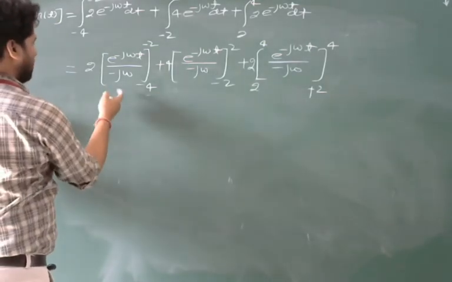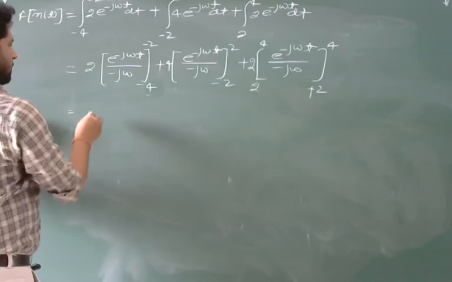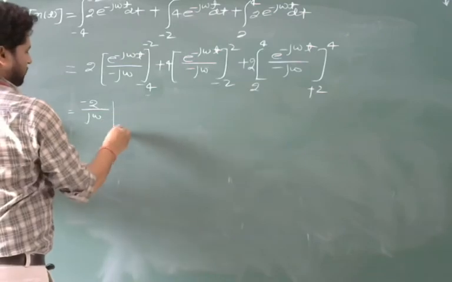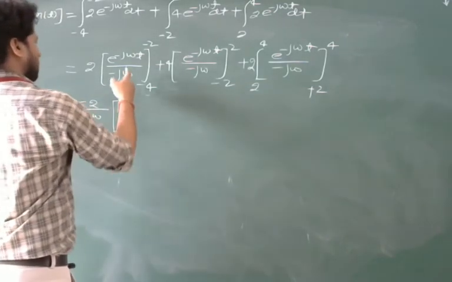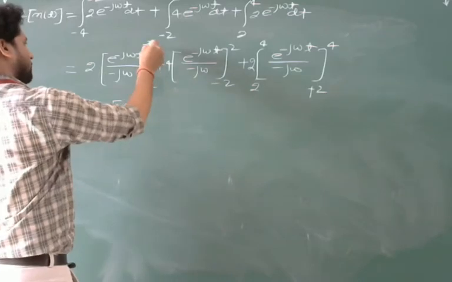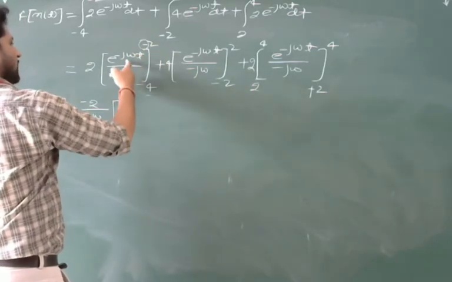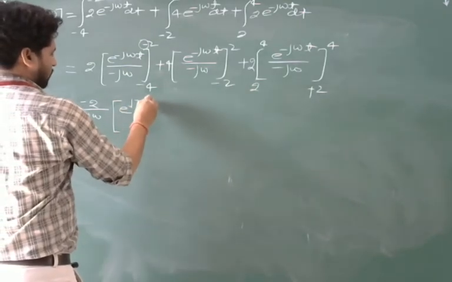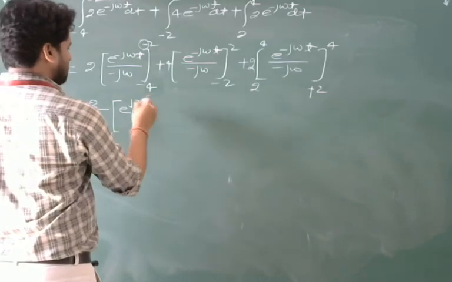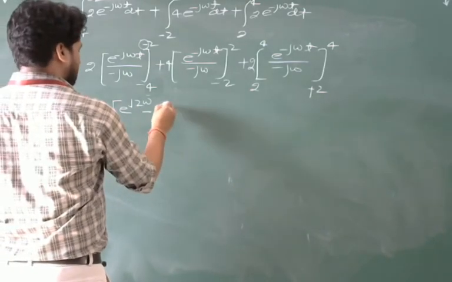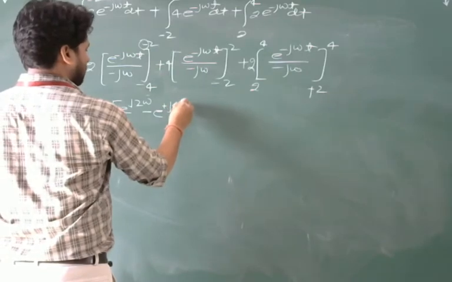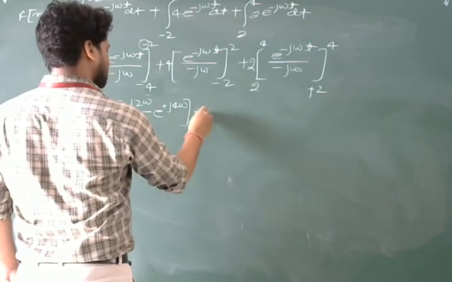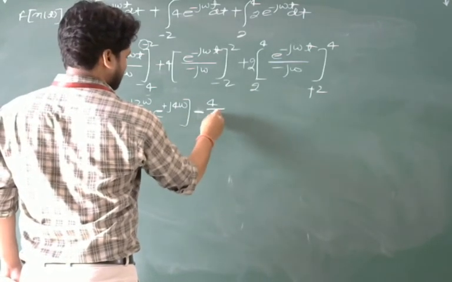First I will take this minus j omega outside of the limit. This will become minus 2 by j omega into e power minus, when I will put this minus 2 here in place of t, this will become plus j 2 omega minus e power plus j4 omega, plus I will put minus instead, this will become minus 4 by j omega.